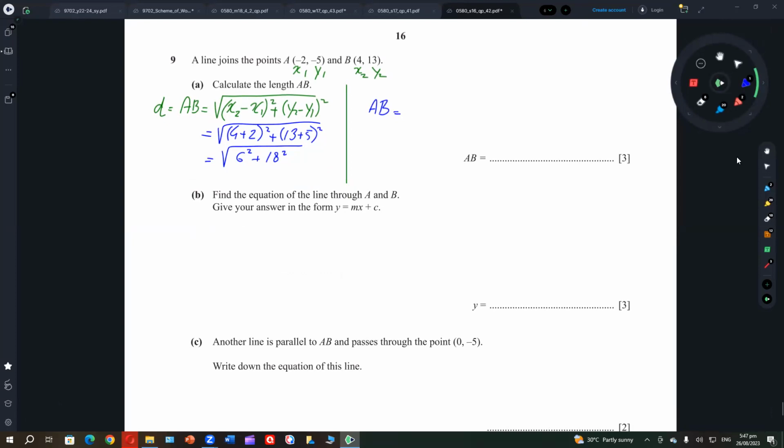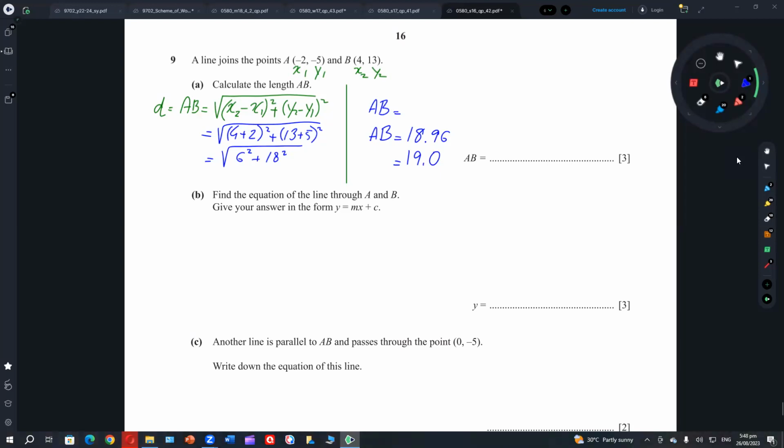The answer is 18.97. I've rounded it to three significant figures. Find the equation of the line through A and B. Give your answer in this form.